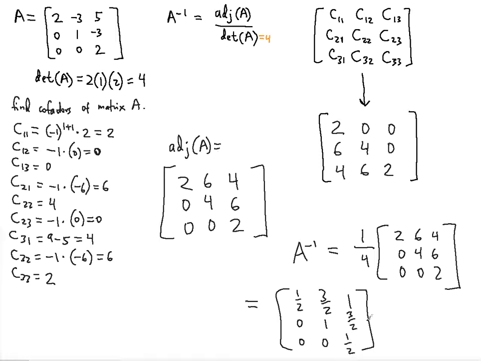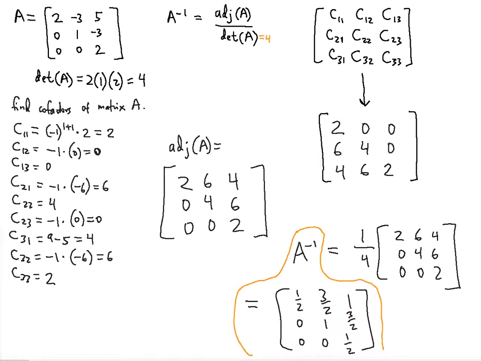So there you go. You just found your inverse. I'm just circling the final answer, but the other one is the intermediate step that we used. This is the inverse that you found of the original matrix using the adjoint method.